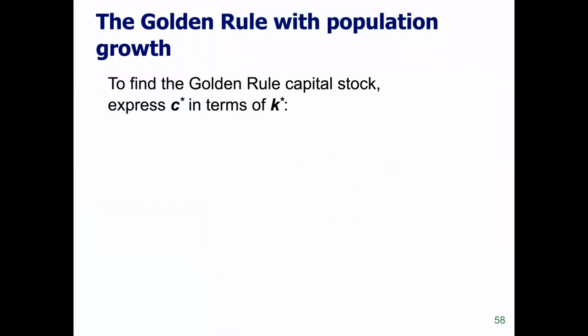What about the golden rule with population growth? Well, now we're changing the objective a little bit. What we want is to have a high steady state level of consumption per worker. You could say there was something not nice enough to future generations here, because after all, they're bigger, and yet you're only focusing on their consumption per worker.